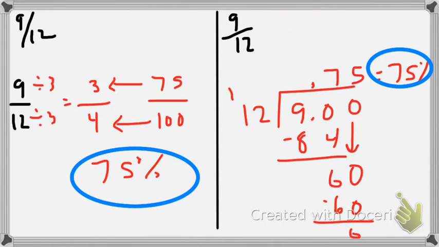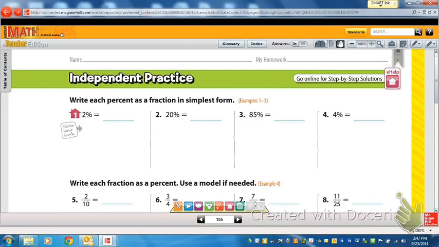So let's do a couple of the homework problems from tonight. For number 1 through 4, we're changing a percent to a fraction. So 20% is out of 100. I'll reduce this by 20, and I'm going to get 5. Reduce that by 20, and I'm going to get 1.